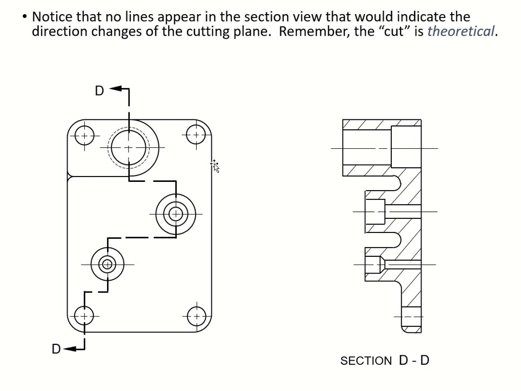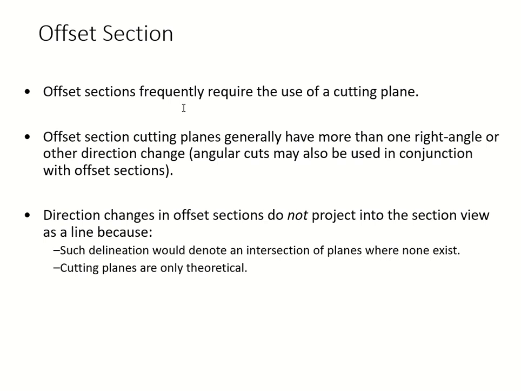Right now, of course, it's easy to see because you're drawing it on a 2D. The cutting plane is just a plane, okay? It's not a drawing, so we don't have to include it. That's what it's talking about here. Okay, offset section. We've got to use our cutting plane, hitting all of the internal features.